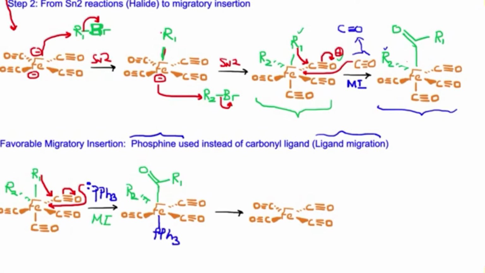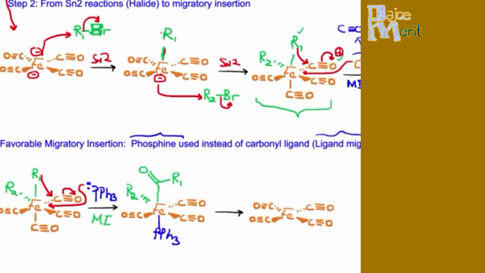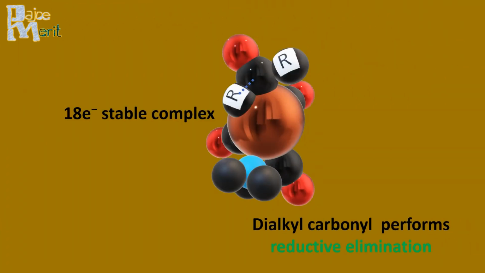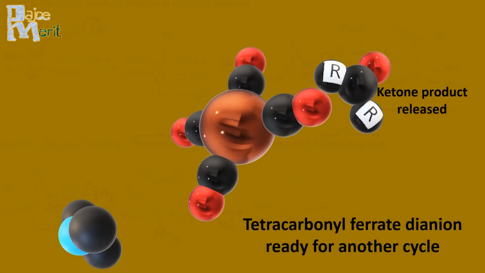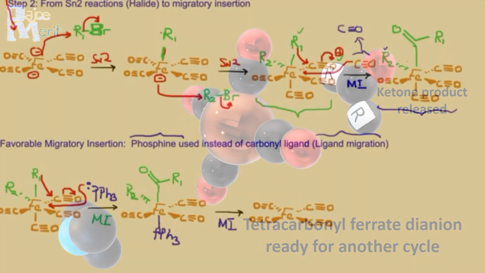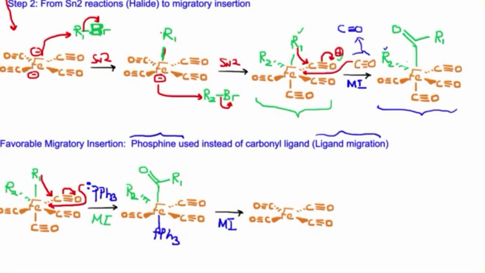Now the next step is to trigger the R2 to perform a migratory insertion, and to do that sometimes you can use either the carbonyl as a ligand to come in, or you can use phosphine, but I will just use carbonyl for now.